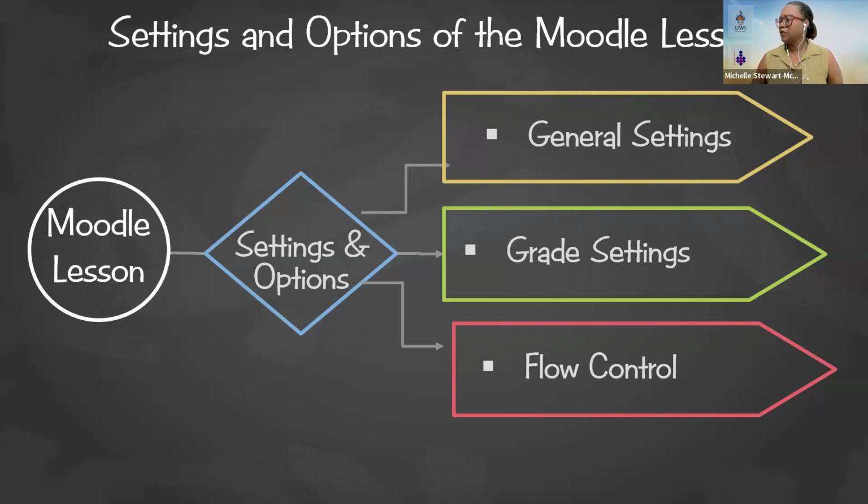After that, we can then look at the different grade settings. So in grade settings, we can decide whether or not we want this to be a practice lesson, or we want this to be a lesson where a grade is assigned and is recorded in the grade book. We can decide if we want to customize the scoring. So we can decide if we're going to use a competence or a scale, or if we're going to use a rubric, or if we're going to put points so students can see the points.